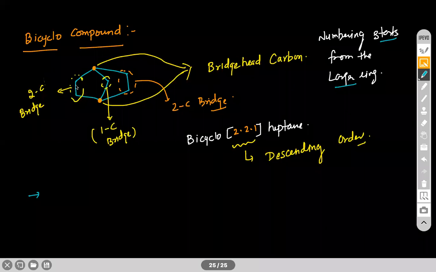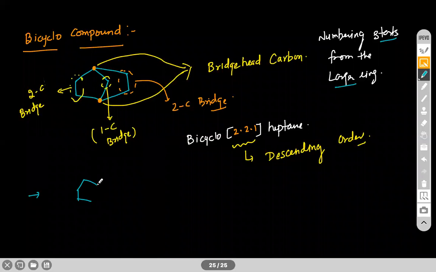Basically, we have to see with what number of carbon atoms the 2 bridgehead carbons are attached. So it is 2, 2, 1: 2.2.1 heptane. Now try this, I think you will get it. This one you see. Tell me the name of this compound.